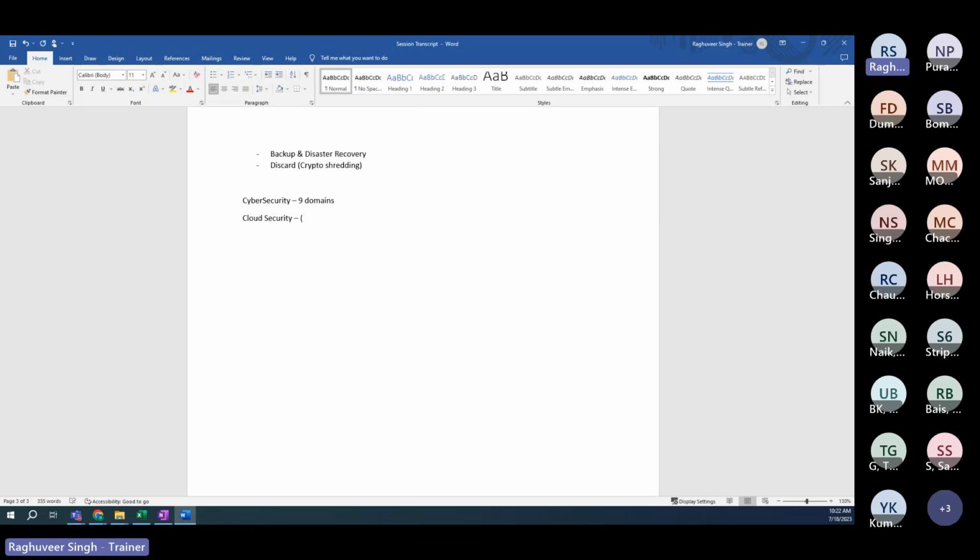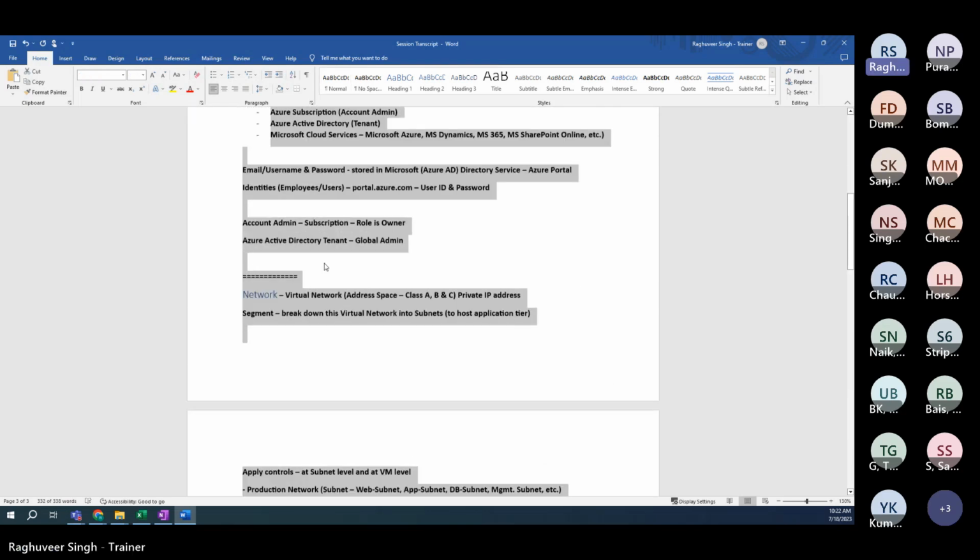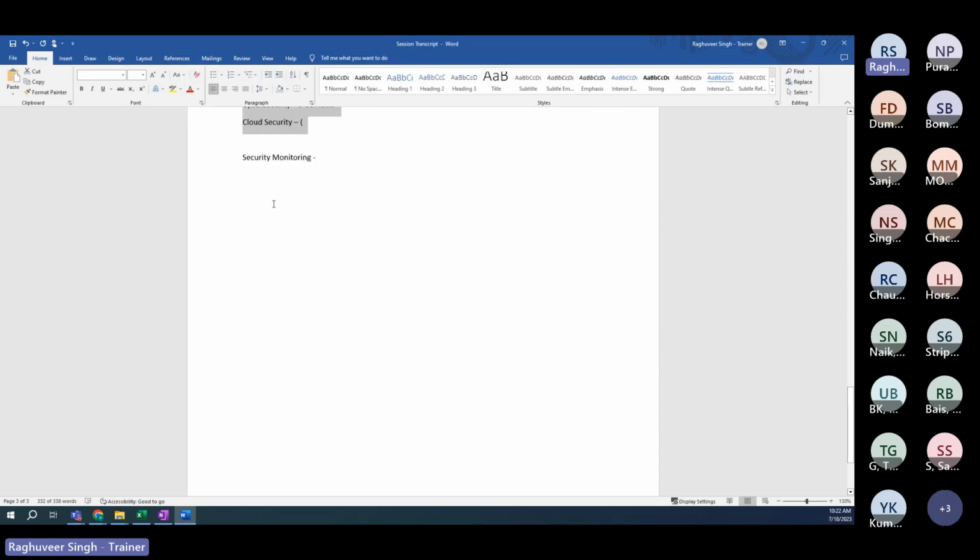See, working in security monitoring, because this is what you are doing at the end of the day: you are either configuring the security monitoring or you are working in a security monitoring team. Unless you have an understanding of all that I have explained here from the top, trust me, you will not be able to do justice to this domain. You will be able to see what is there, but all the time you will keep forwarding it to your level 2 and level 3 because you don't have that level of knowledge.